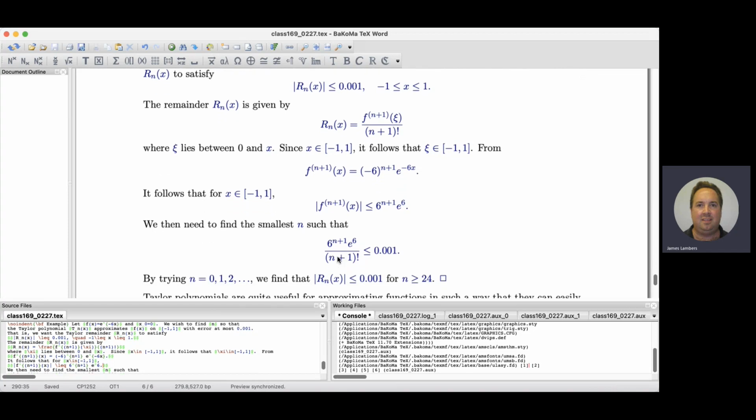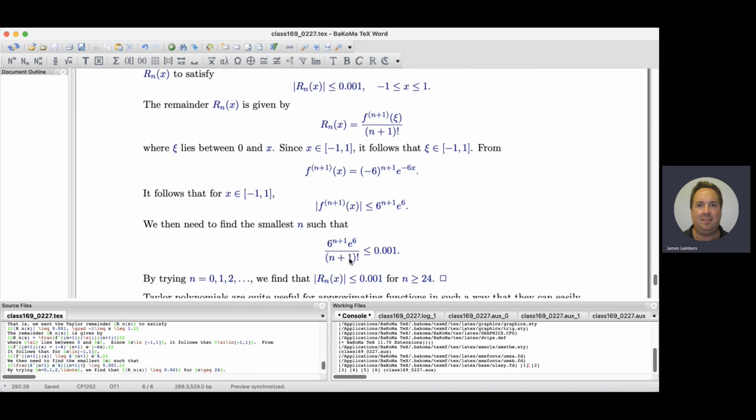So instead, you can use trial and error, plug in values of n, and what happens is this is going to be too large at first, but eventually this quantity will get smaller and smaller as n increases because factorial grows faster than this exponential function. Eventually, this will overtake it, but it takes a while. You need to set n equal to at least 24 to make this expression smaller than 0.001.